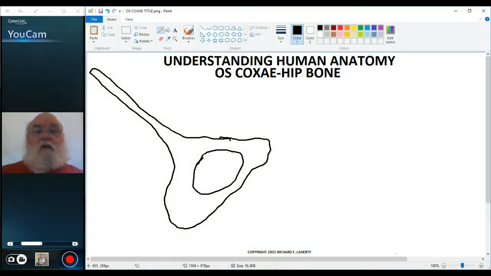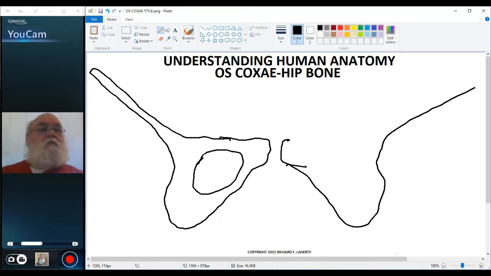And then I'll draw in the other side. So again, the ischiopubic ramus, ischial tuberosity, slight indentation for the acetabular notch, and continue out onto the iliac wing, come back around and finish up.